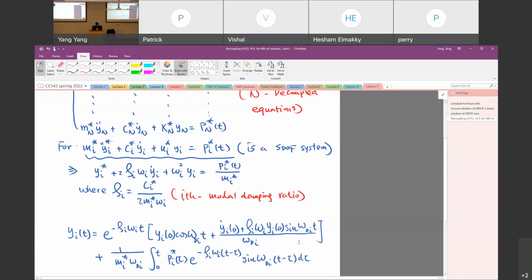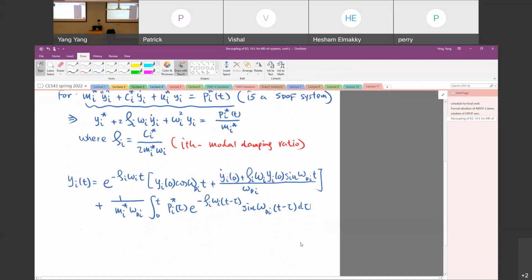This is the solution that we discussed before for a damped system. The first term is the transient response, and this is the steady state.